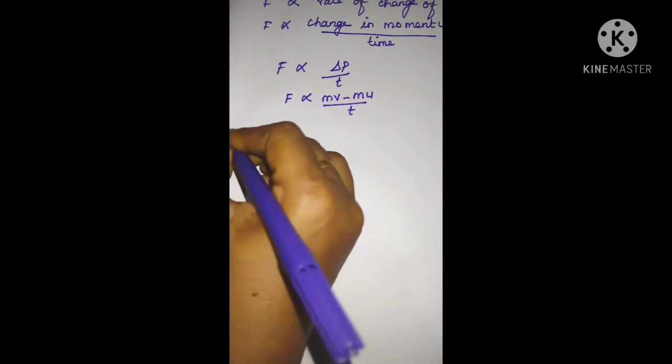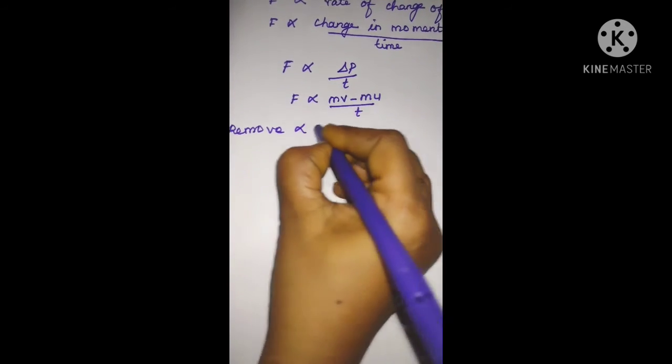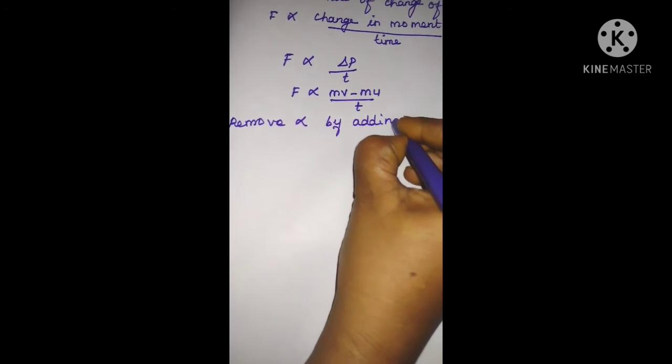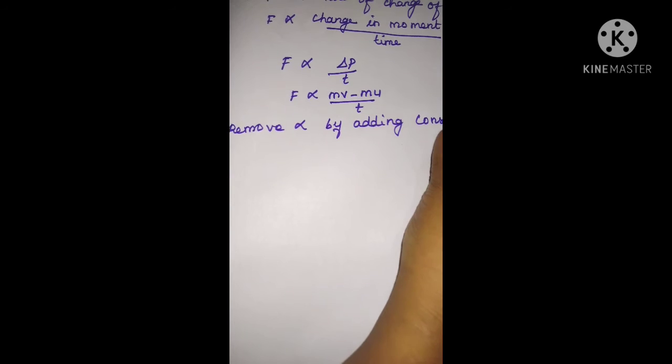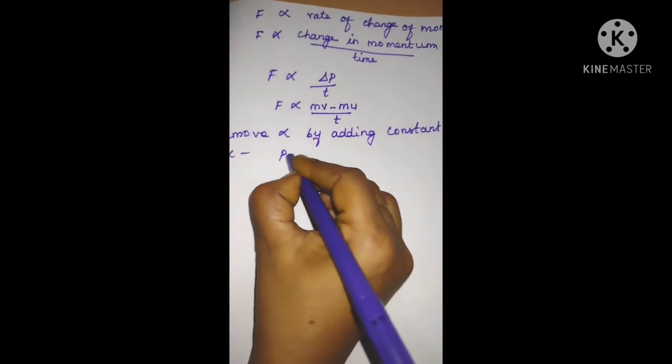Remove the proportionality by adding a constant k. So k is the proportionality constant.